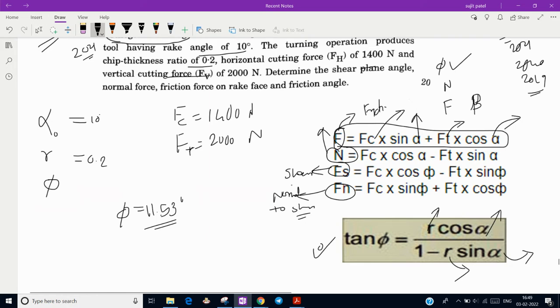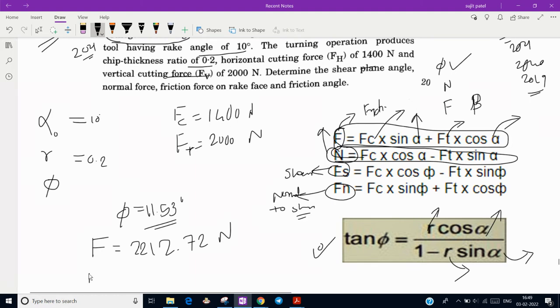Put all the values, and you will get the frictional force as 2212.72 Newton. For the normal force, use this formula: Fc cos alpha minus Ft sin alpha. In metal cutting operations, you have to remember the formula, otherwise you cannot even start the question.